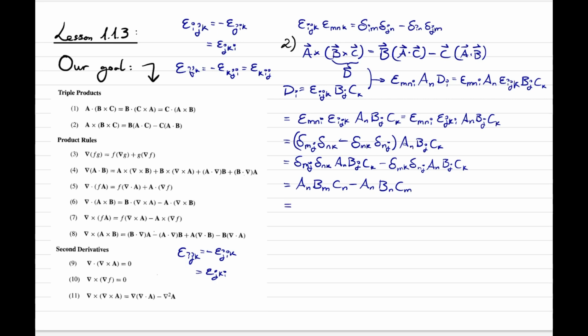So what we are going to do is rearrange this as bm times an cn minus cm times an bn. But an cn is a dot product between the vectors A and C. So we have here A dot C, and the same for an bn.